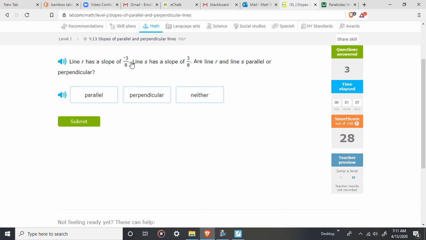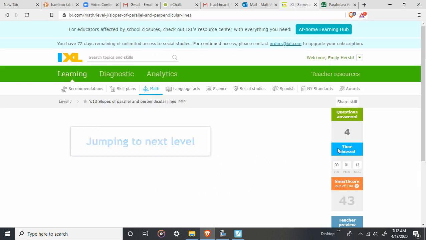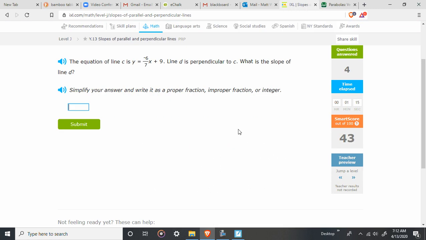They are neither. They flipped the sign, but they didn't flip the fraction. The equation of line C is y equals -6/7 x plus 9. Line D is perpendicular. What's the slope of line D? Again, flip the fraction, make it positive.